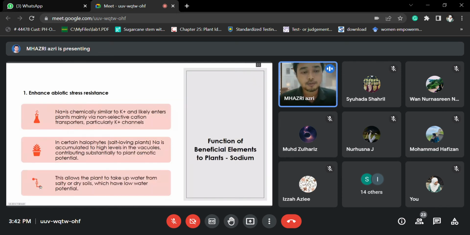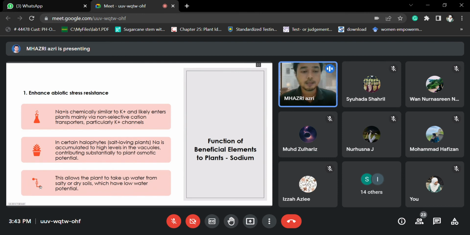Sodium ion is chemically similar to potassium and likely enter plant via non-selective cation transporter. Okay, particularly potassium channels. Okay, so these halophyte plants, plant that can absorb high concentrations of sodiums, will absorb sodiums melalui potassium channels.